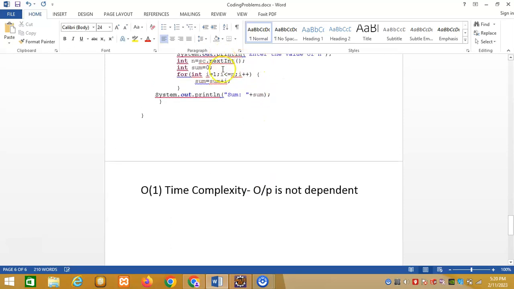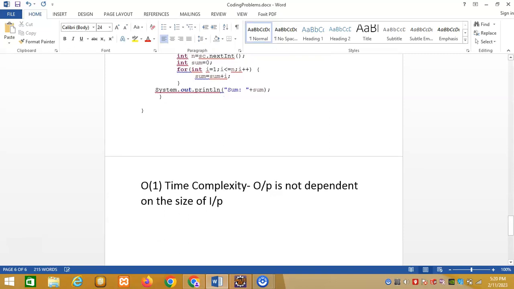Because in the first one, if n is 5, then this will iterate 5 times, but if n is 1000, then it will iterate 1000 times, so it will take longer. But if the time complexity is order of 1, then it is not dependent on the size of input. So how can we solve this problem in order of one time complexity?